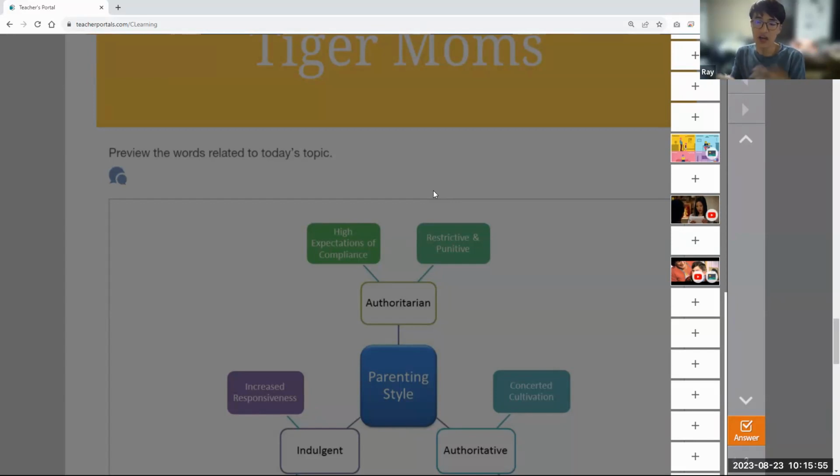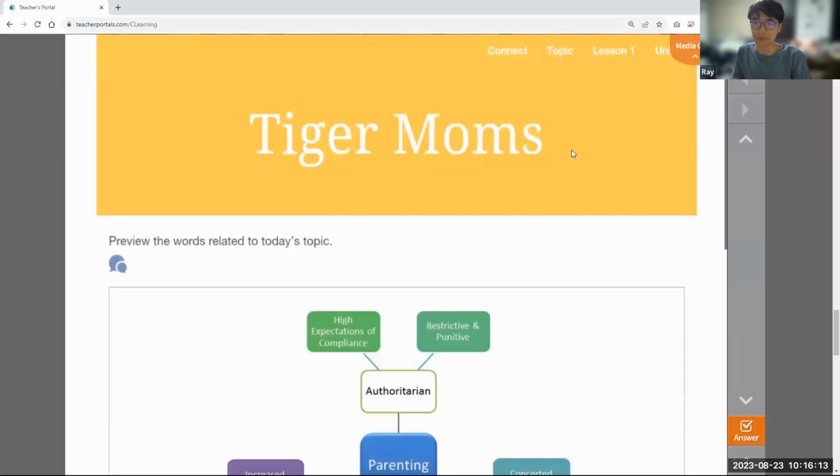Because even though the title might look good, there are always hidden curse words that they sneak in there, or there might be some inappropriate imagery that might not be suitable for especially third or fourth graders compared to middle schoolers. So make sure you're always careful with the media cards that you use.